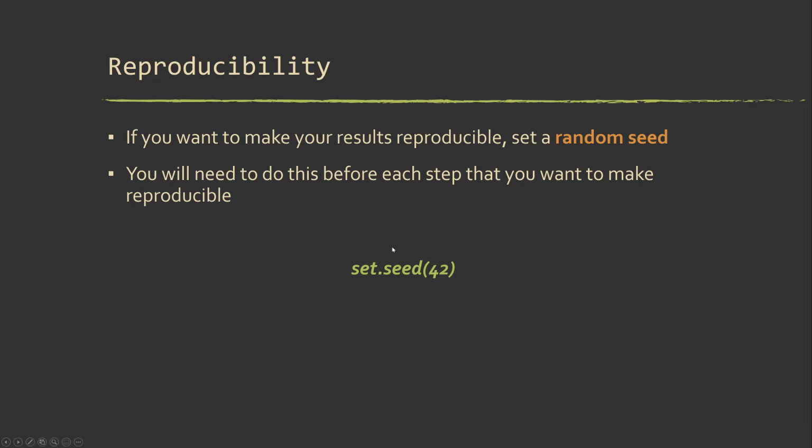You can't just define it at the top and then have everything be reproducible throughout. So that's a common thing that you'll see in research because people want to create code and be able to run it over and over again and get the exact same output. And when you have things that have a random component like sampling or stochastic learning methods like tree-based methods, you won't get the same result unless you set a random seed and you do it correctly.